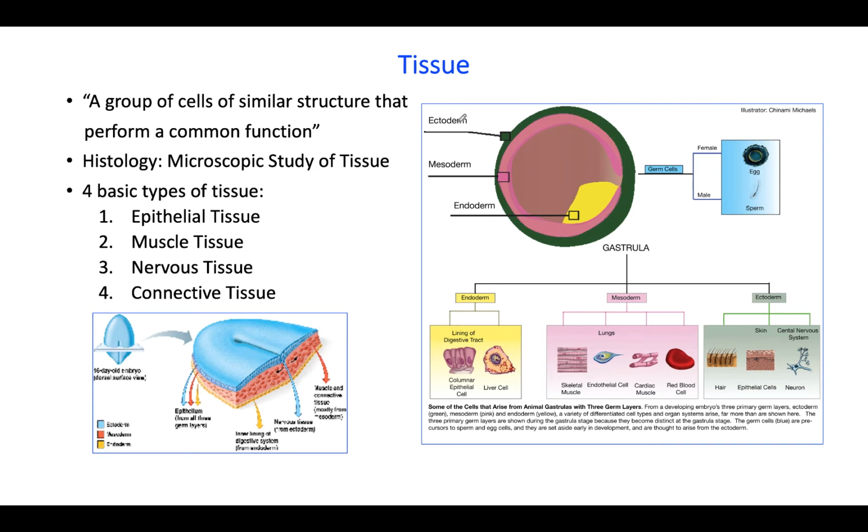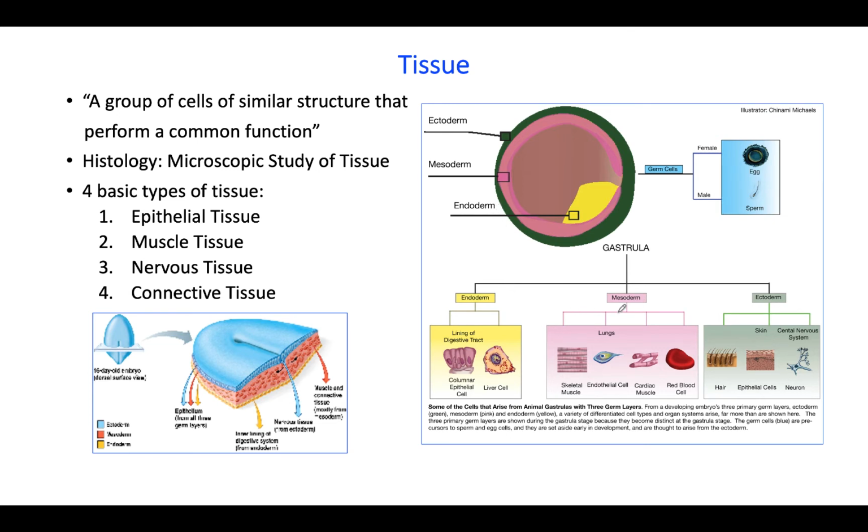If it is located in the middle portion, like the pink color, it is called mesoderm. And if it is located in the inner portion, it is called endoderm.